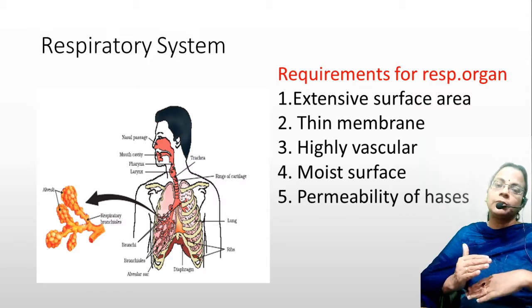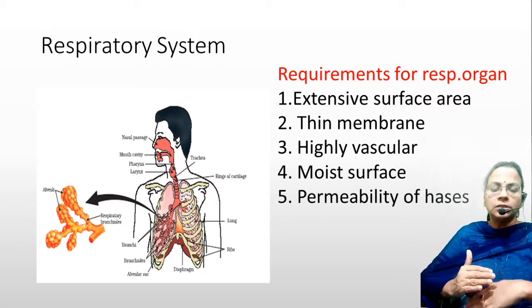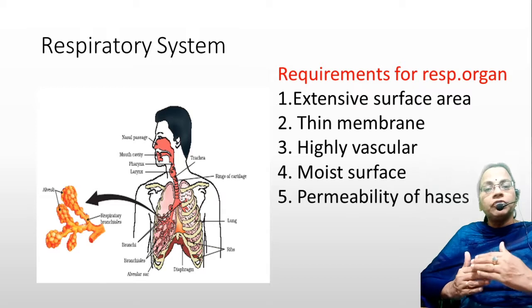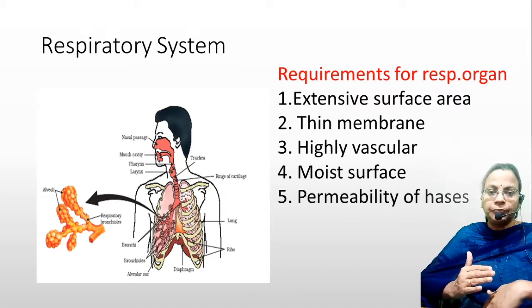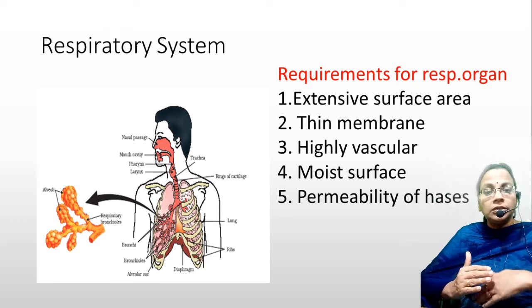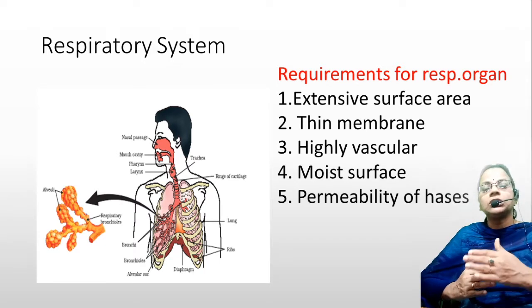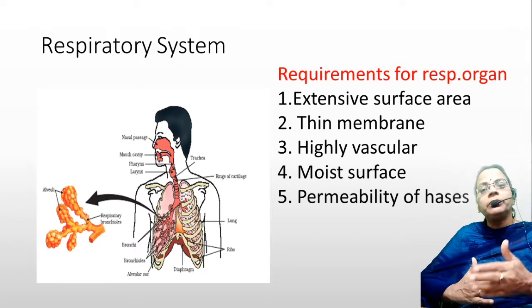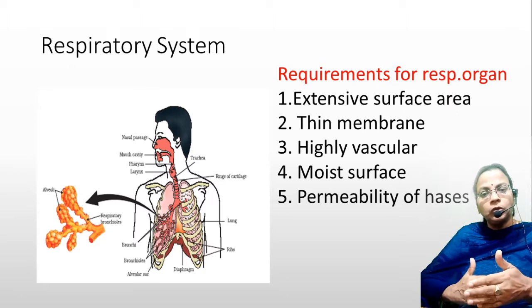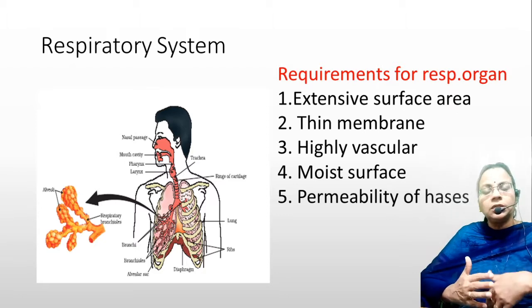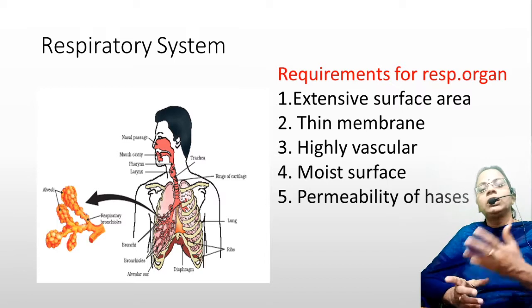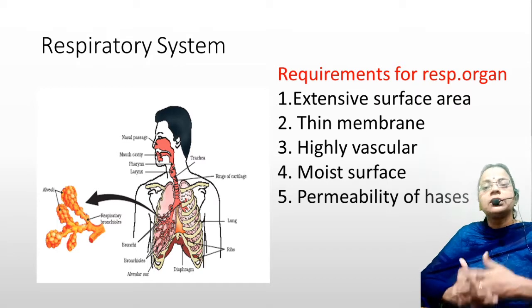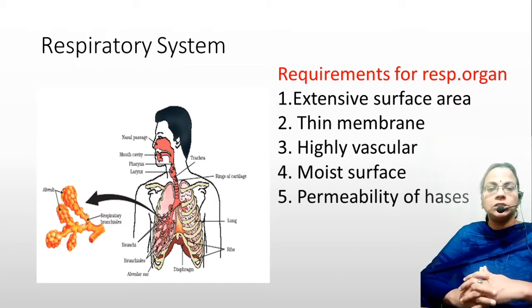The waste product carbon dioxide is already formed within the cell. So the oxygen from the hemoglobin, from the blood, will diffuse into the tissues. Then in return, the carbon dioxide from the tissues will be exchanged into the blood. So hemoglobin will deliver oxygen, and in return it will take carbon dioxide. Then this blood will carry it back into the lungs. There the carbon dioxide will be exchanged.